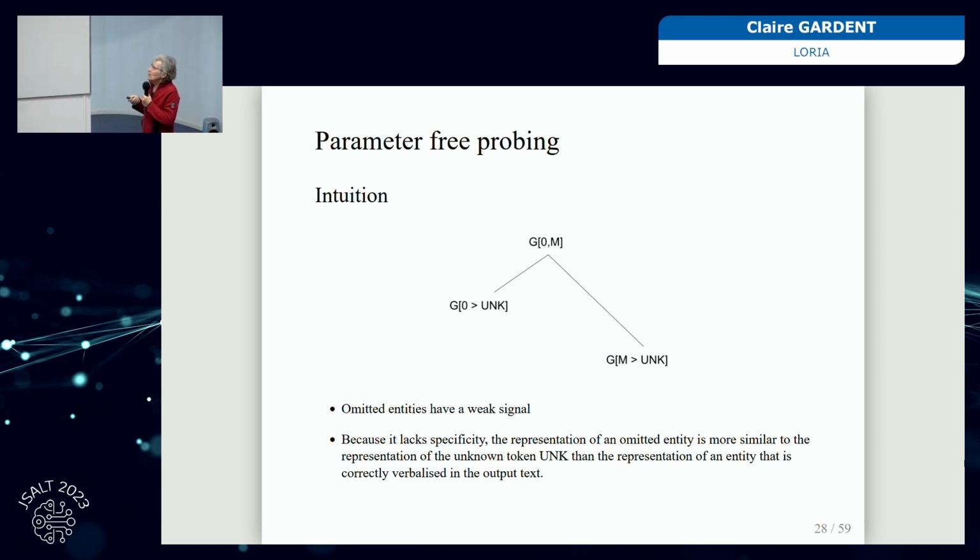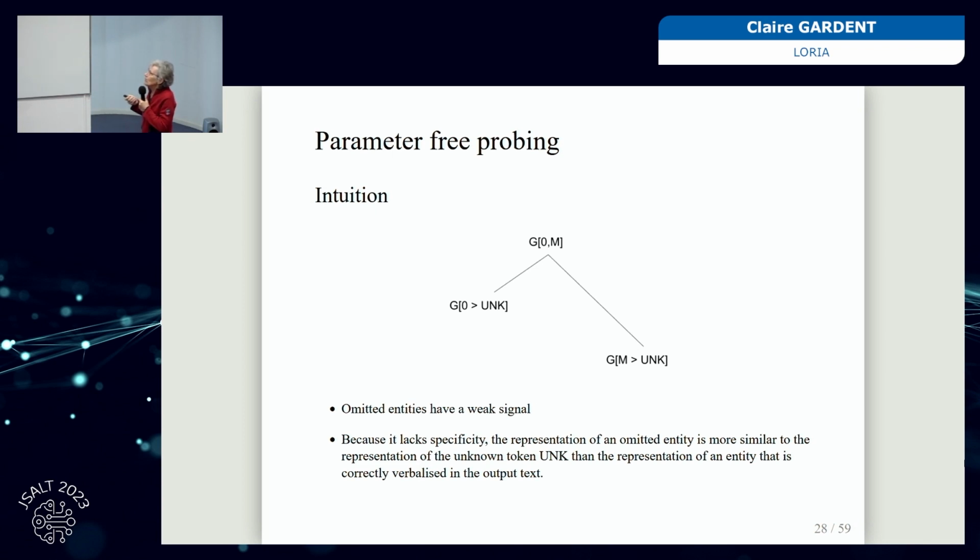So our idea was, if you take a graph and you replace the omitted entity with a known symbol, then the difference between the initial graph and the graph where you substituted the omitted entity is small, and in particular smaller than the difference between the initial graph and the graph where you replace a mention, because a mention would have a richer signal, so it would be more specific in a way.